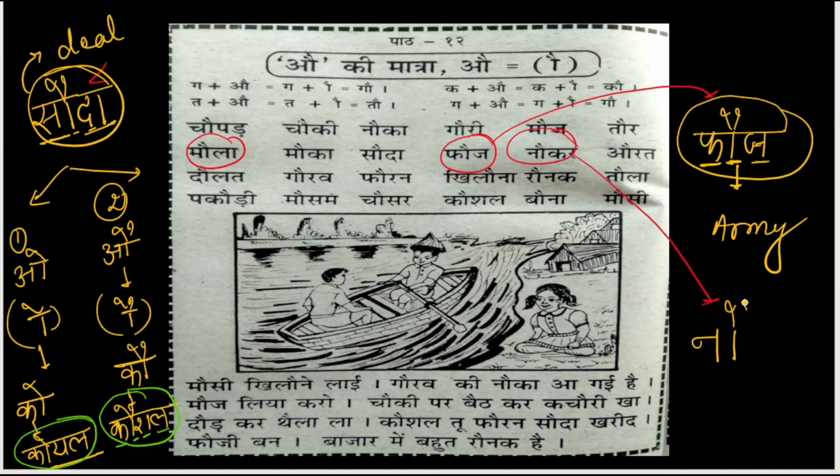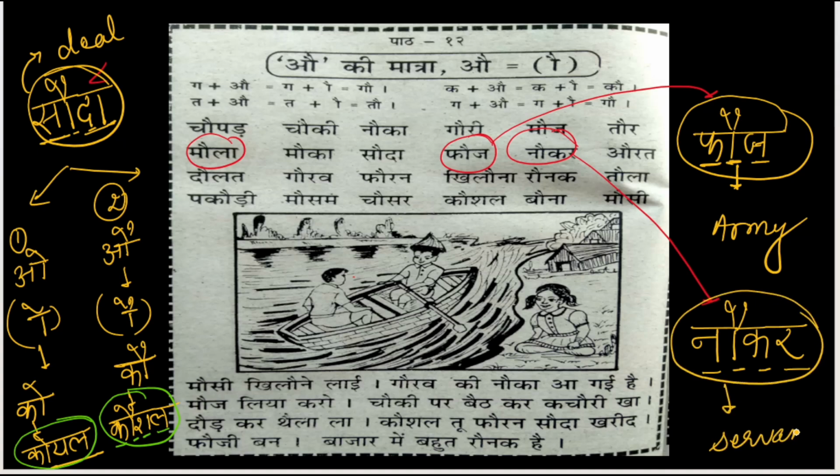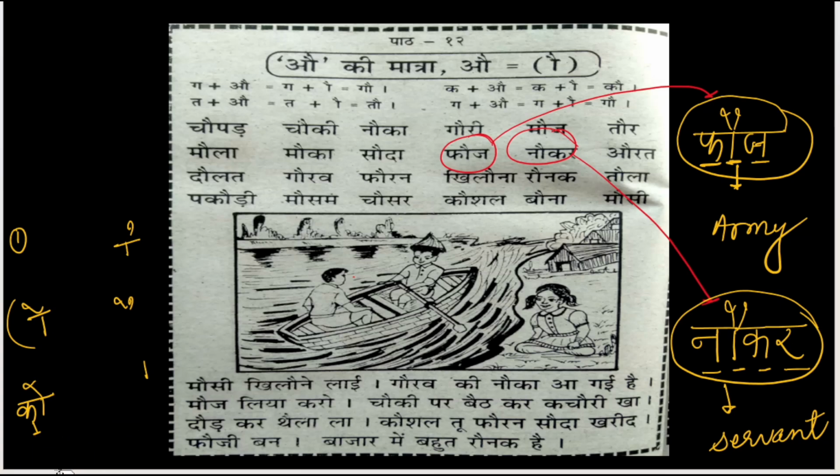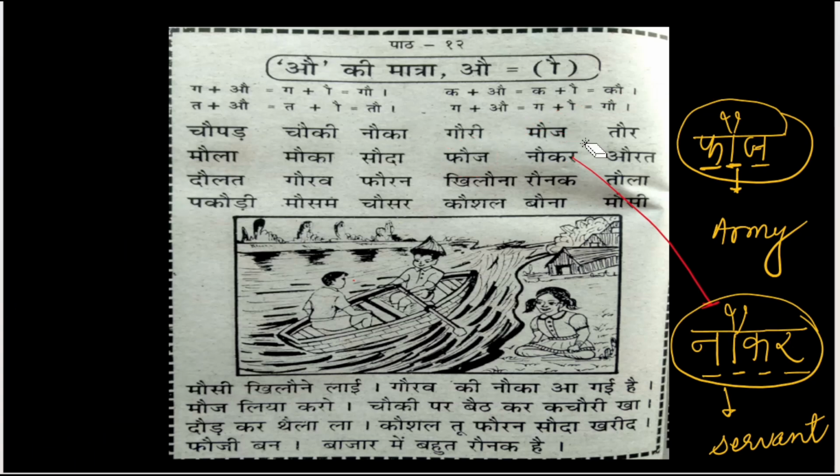Na, matra of au, ka, ra. Now it became naukar, naukar, which means servant. This is a, this is again the matra of au, this is ra, and this is ta.